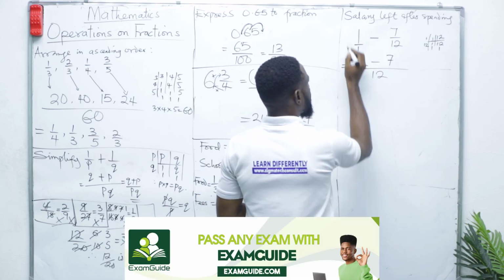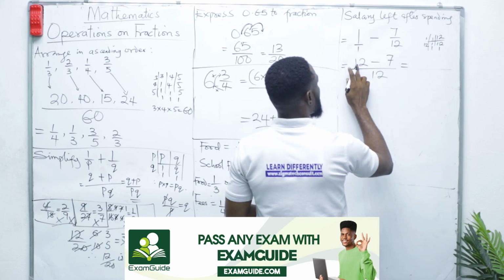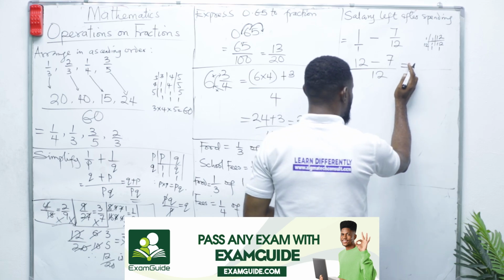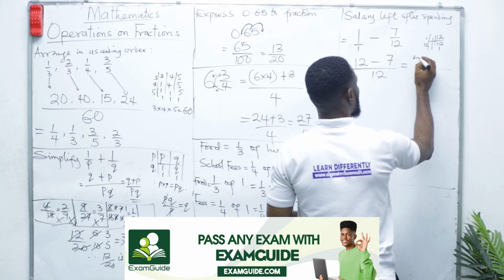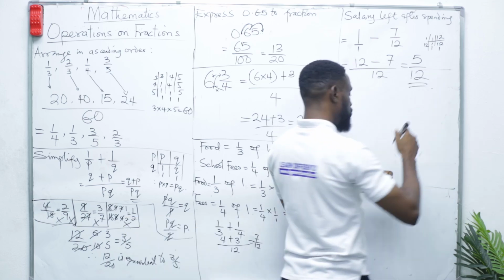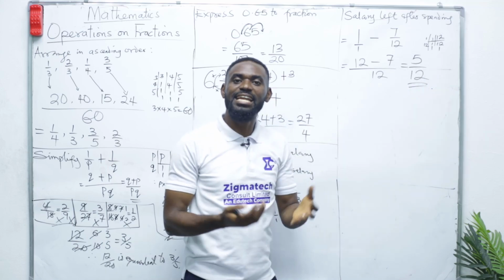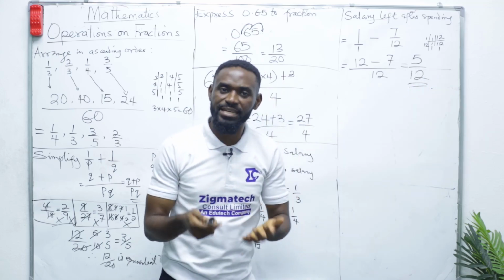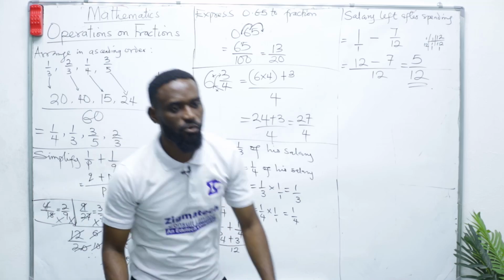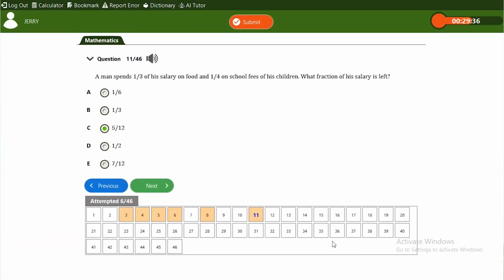So this will now be equal to 12 minus 7 will give us 5 all over 12. So this will be the leftover salary after spending 7 over 12. So we look at option C there, which is the correct option. Is that okay? All right.